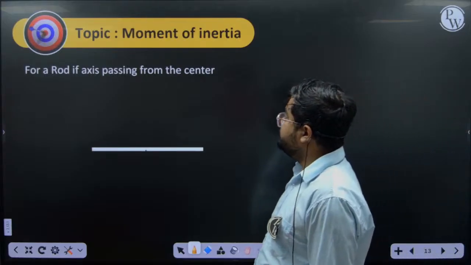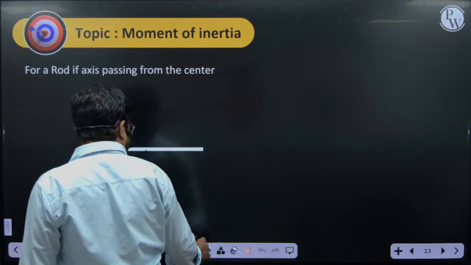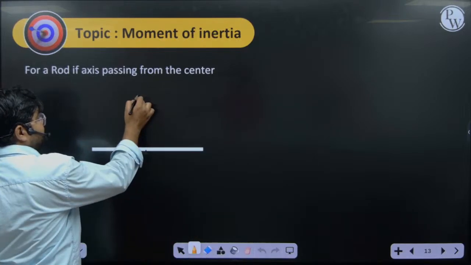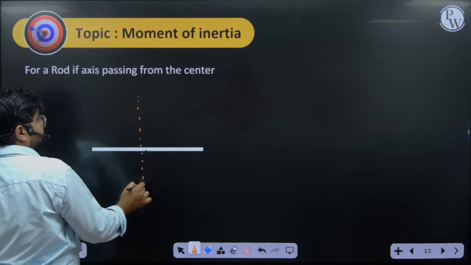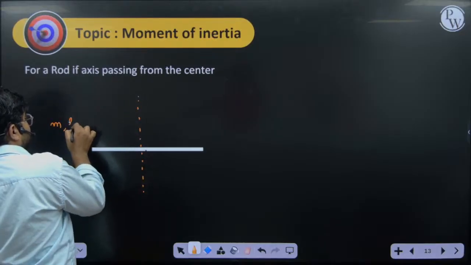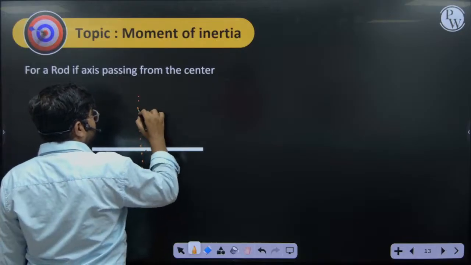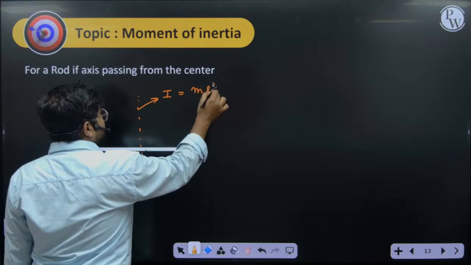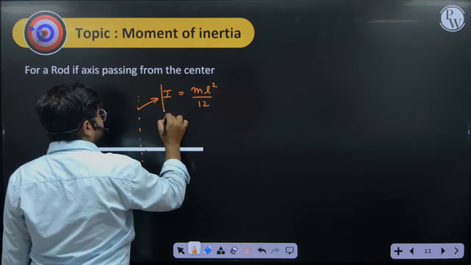Axis passing from the center. What if the axis passes through the center of the rod, mass m, length l? This moment of inertia is ml square by 12. We need to memorize this.